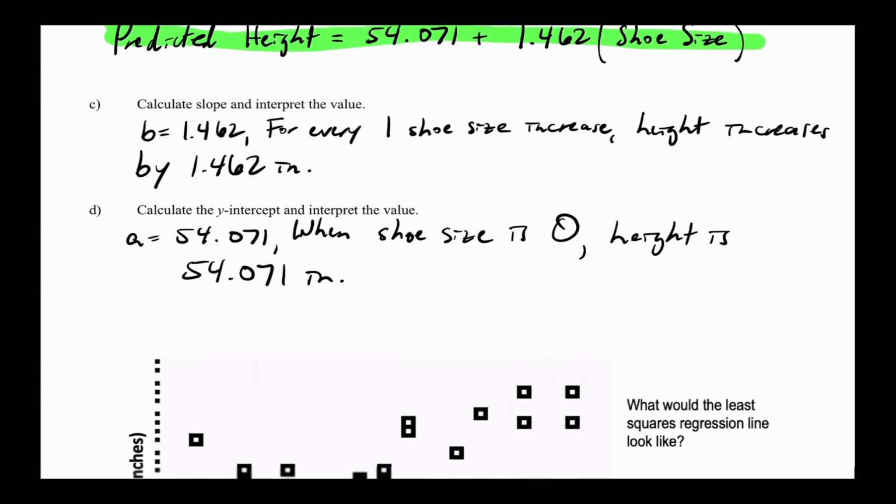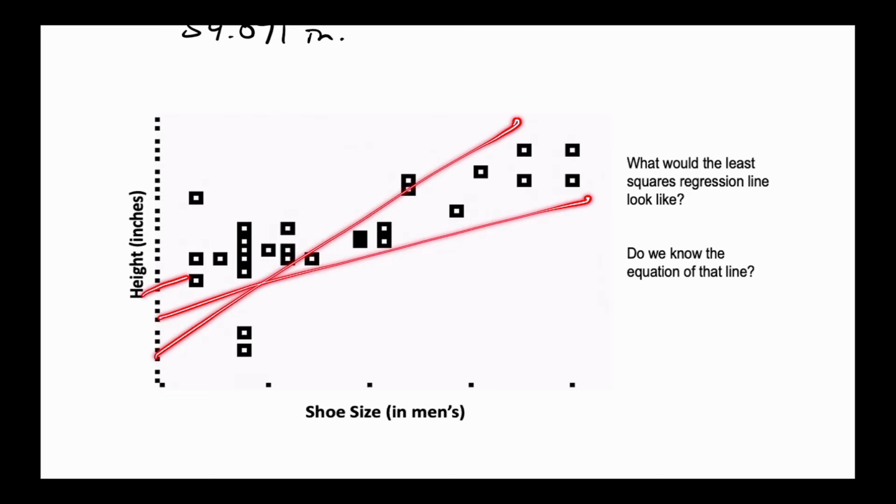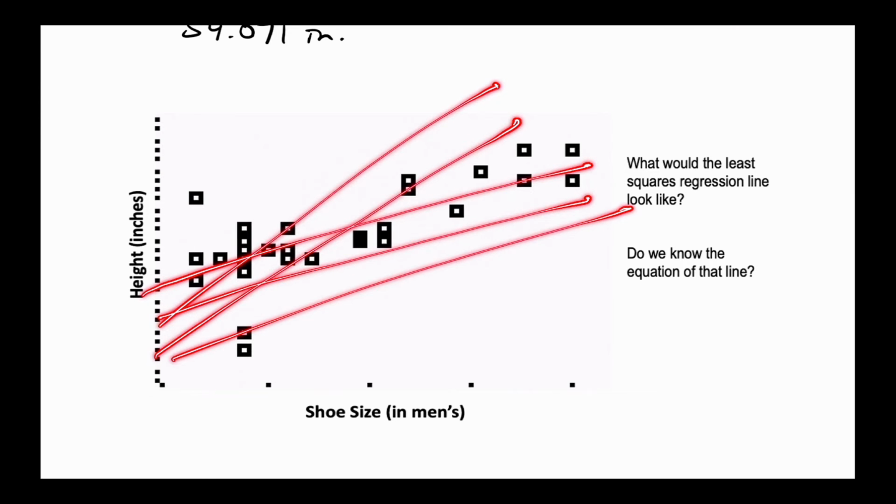So what that equation means is, what line would best fit the data? Would the line look like that? Would it look like that? How would it best fit the data?